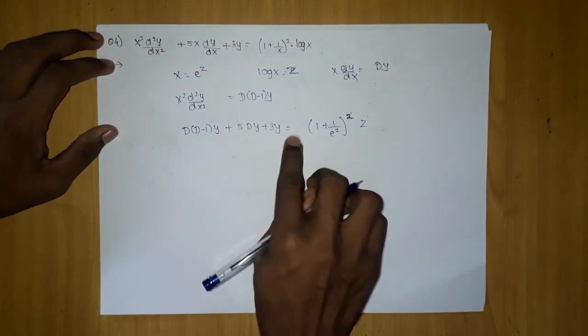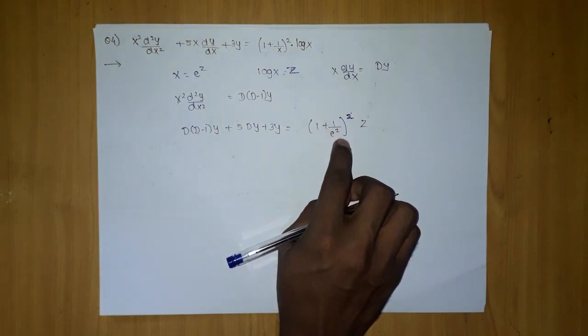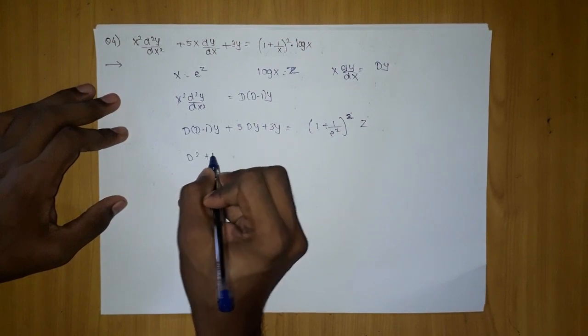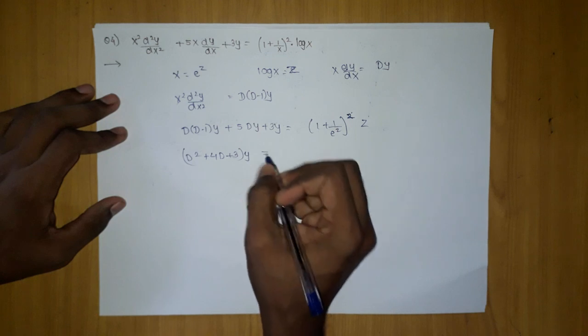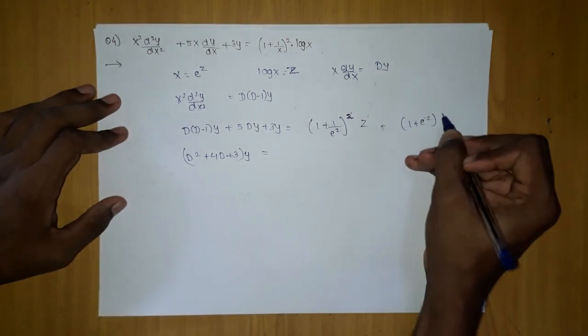Now if I expand this one, I will write it as 1 plus e to the power minus z, then its expansion will become easy, and here I will have the final answer d square plus 4d plus 3 into y equal to 1 plus e to the power minus z the whole square into z.